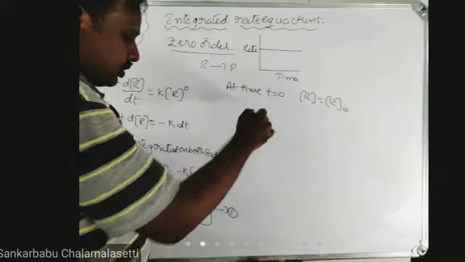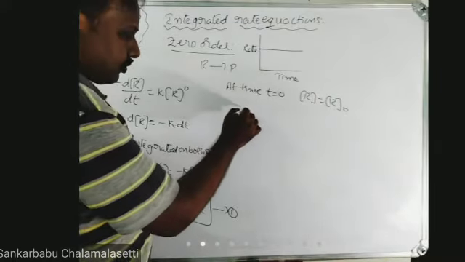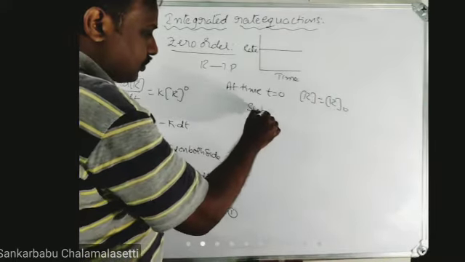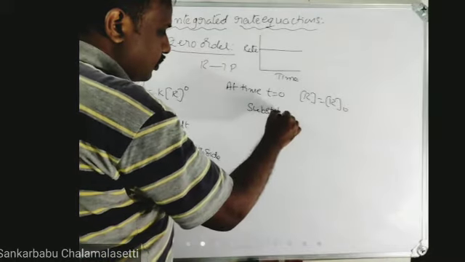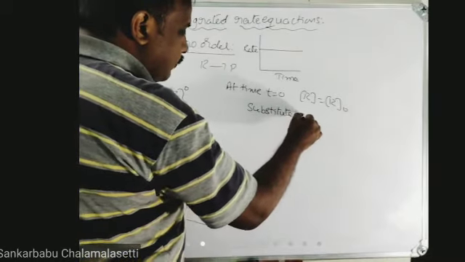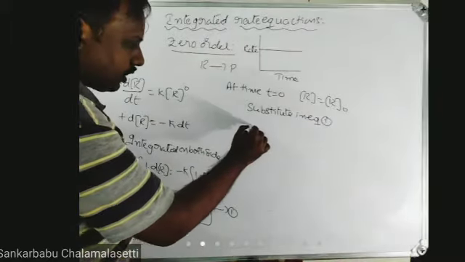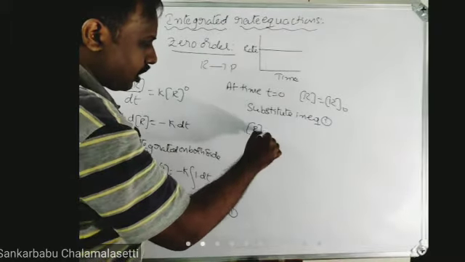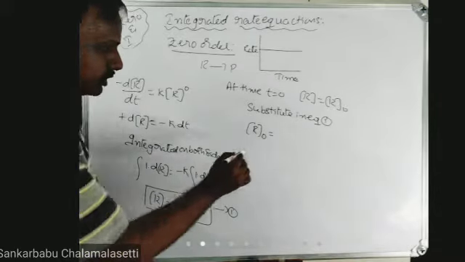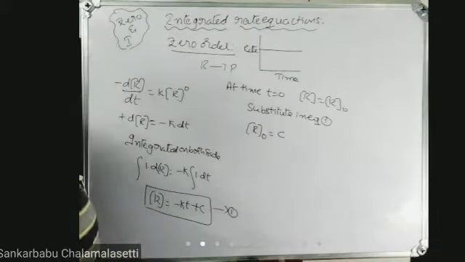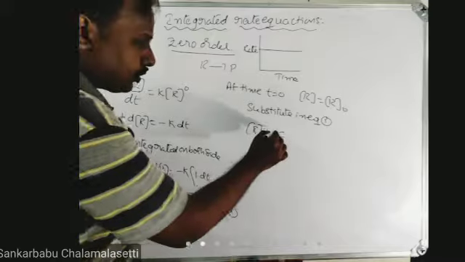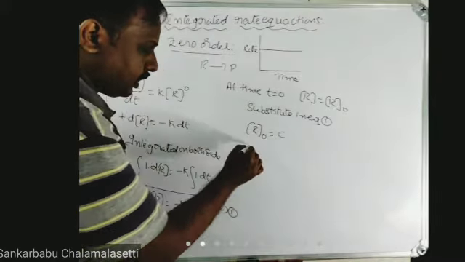Then substitute these values in equation 1. When substituted in equation 1, R becomes R naught, and t into 0 becomes 0, so R naught is equal to c. Now substitute this value of c in equation 1.